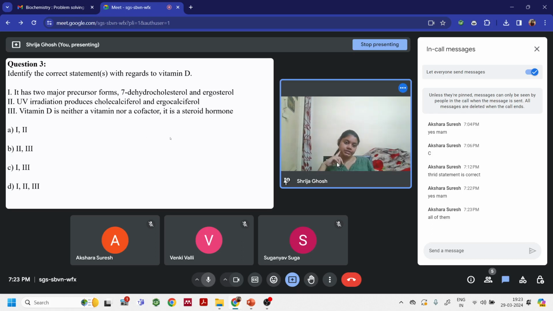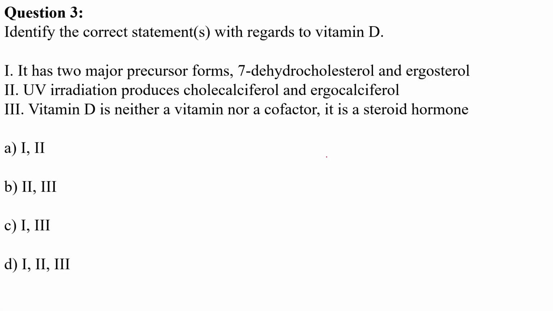Akshara is saying all of them. That is true. All the statements are correct actually. So the correct answer is option D, where all the statements are correct. So it has 2 major precursors. Vitamin D is actually converted from these 2 precursors, and these 2 precursors are cholesterol types.